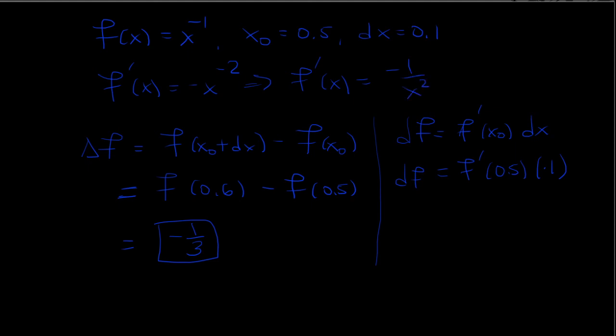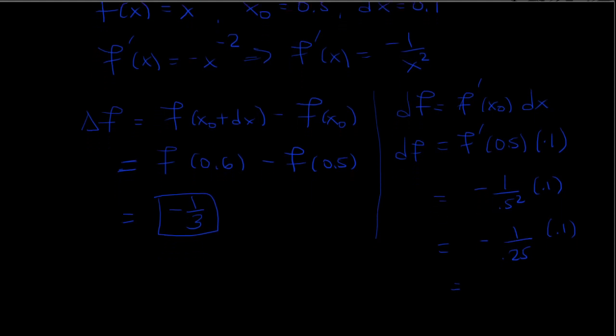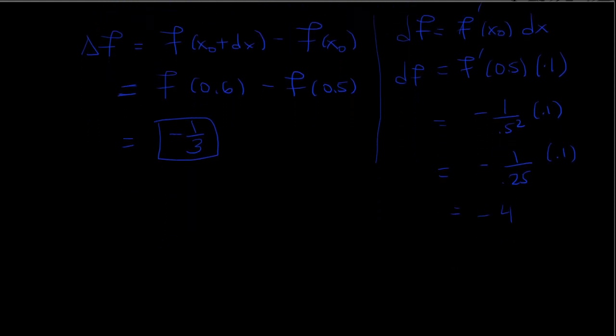So in this case, it would be negative 1 over half squared times 0.1. And half squared is 0.25, which is negative 4 times 0.1, and that's going to be negative 0.4. Notice my change is in fraction form, so I'm also going to write my value of the estimate as a fraction, so that'll be negative 2/5.